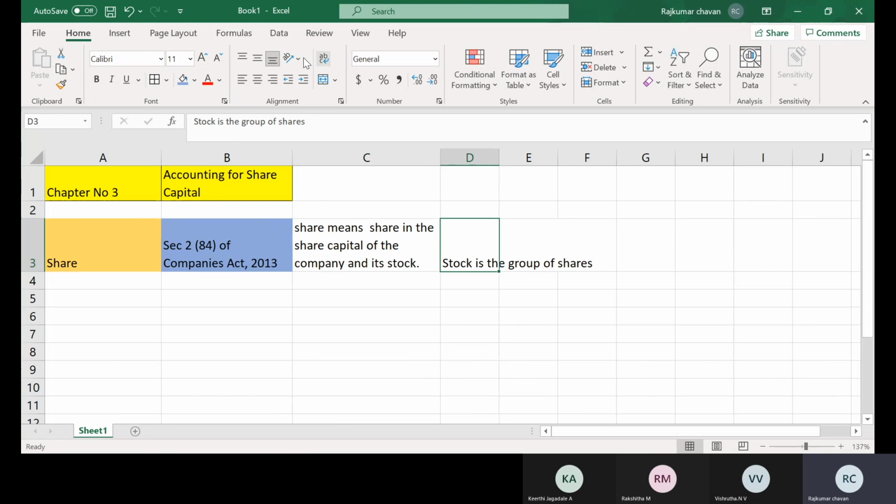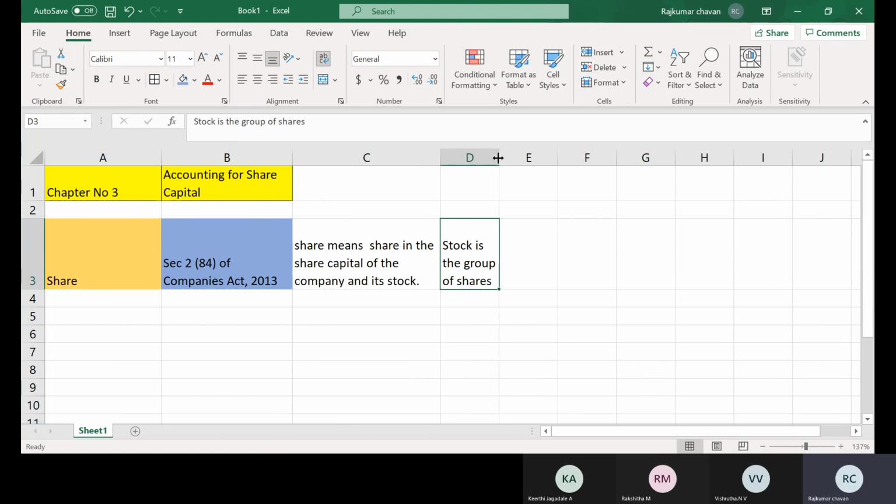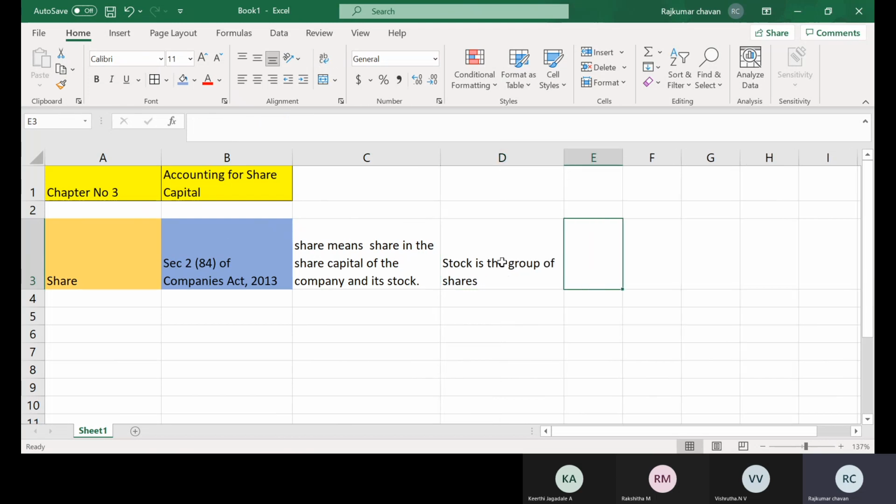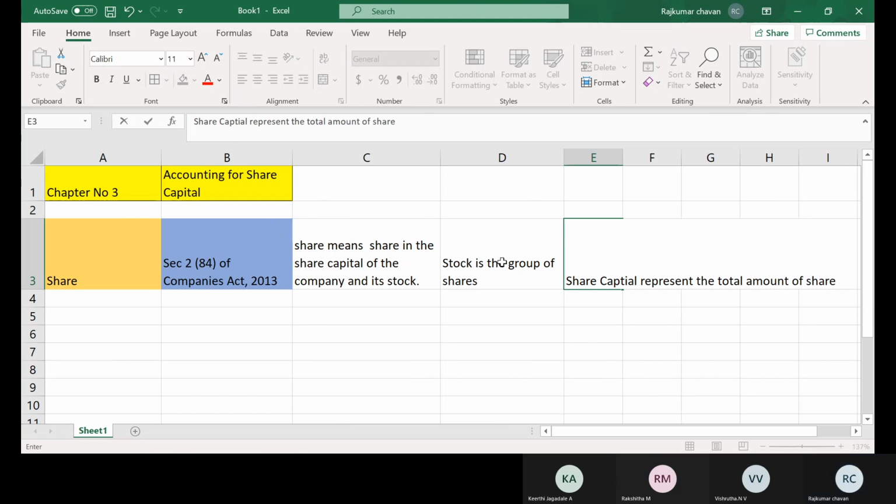So whether you say share capital or you say stock. When you say stock, it is a combination of total shares. When you say share capital, it represents the total amount of the company.